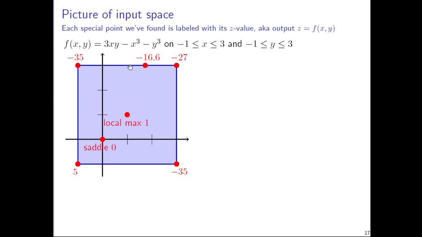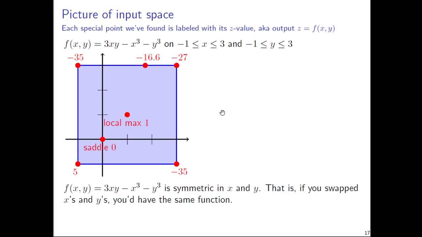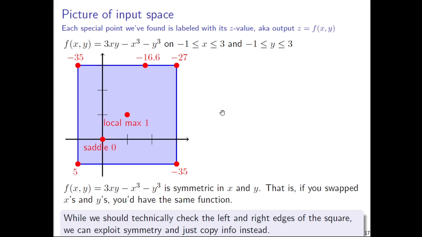So otherwise, that critical point we got in the interior where the z coordinate is negative 16.6, I've labeled that here. And then the two endpoints where the z coordinates are negative 35 and negative 27. Because, again, we have this symmetric in x and y business, we should technically check the left and right edges of the square, but we can now actually just copy info because all along this diagonal line here, y equals x, that should be a mirror for this problem.